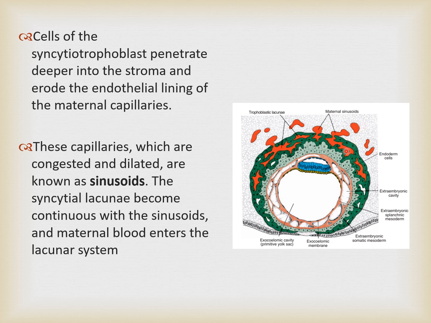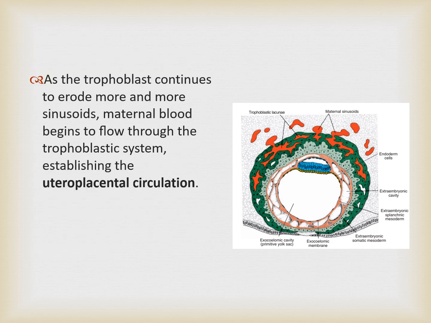Now these syncytial lacunae, which were previously empty, are filled with maternal blood. As the trophoblast continues to erode more and more sinusoids, maternal blood begins to flow through the trophoblastic system.